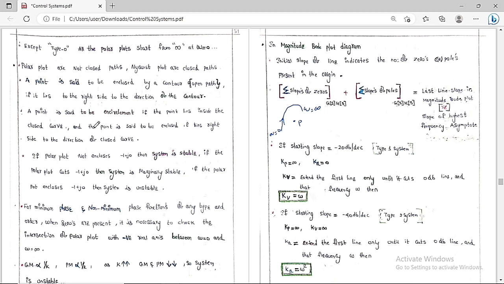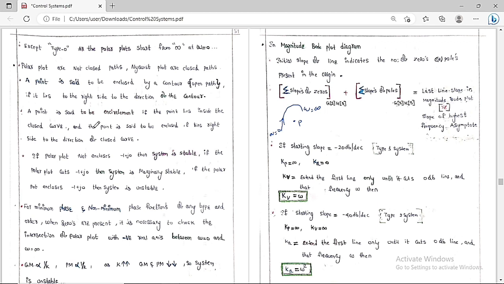If the polar plot encloses the -1 plus j0, then the system is unstable: the gain crossover frequency is greater than the phase crossover frequency, and one more important point, the gain margin is negative, and the phase margin is also negative.